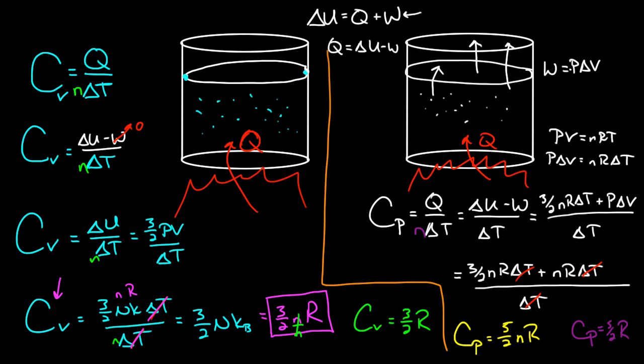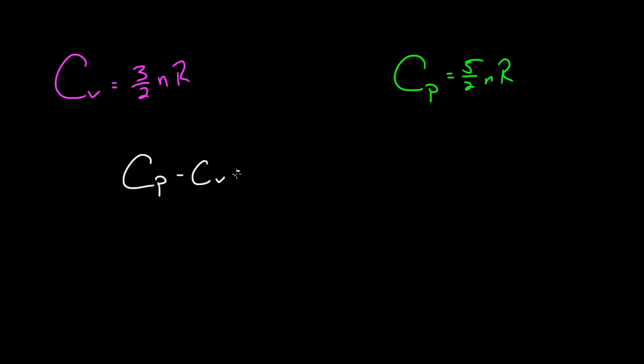And notice they're almost the same. The heat capacity at constant volume is 3/2 nR, and the heat capacity at constant pressure is 5/2 nR. They just differ by nR. So the difference between the heat capacity at constant pressure, which is 5/2 nR, and the heat capacity at constant volume, which is 3/2 nR, is just Cp minus Cv, which is nR, just nR.